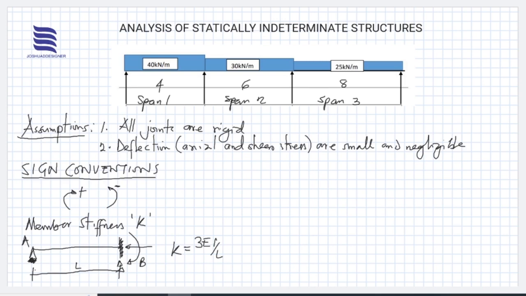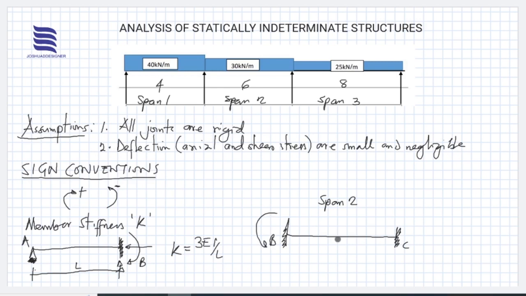So if we have in application another situation where the end support, the outer support right now, is fixed. So we are considering span 2 here, right? This is fixed.